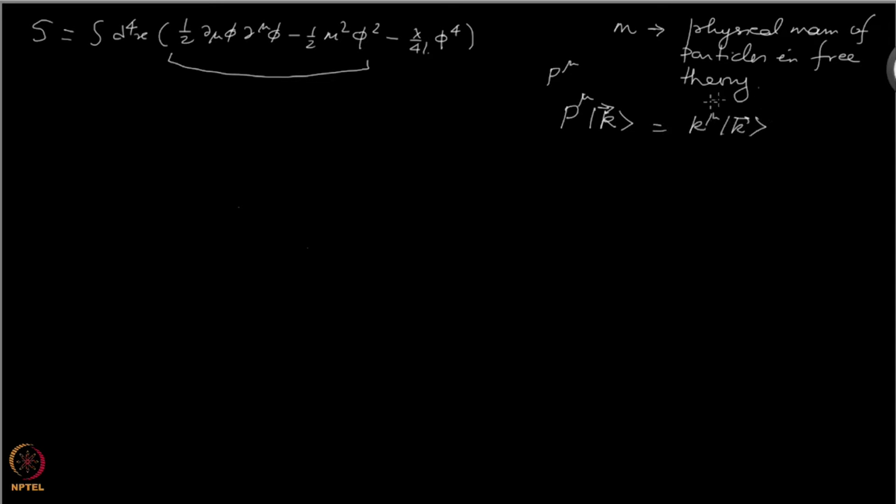So, this state is an eigenstate of the Hamiltonian and the momentum operator in free theory. Further, we saw that k mu k mu gives you m squared. So, this state has energy k 0, because it is an eigenstate of the Hamiltonian, and has momentum vector k, because it is an eigenstate of this operator P.